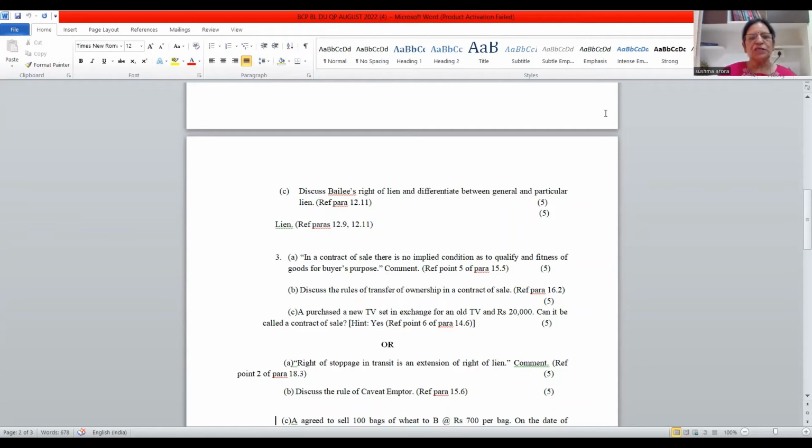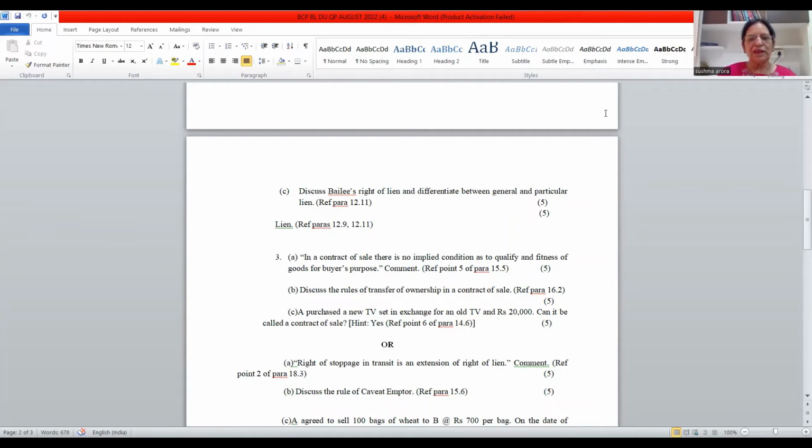Coming to the third question, in a contract of sale, there is no implied condition as to quality and fitness of goods for buyer's purpose. So this is correct because there are certain cases when this condition is applicable, and certain other cases when this condition is not applicable.